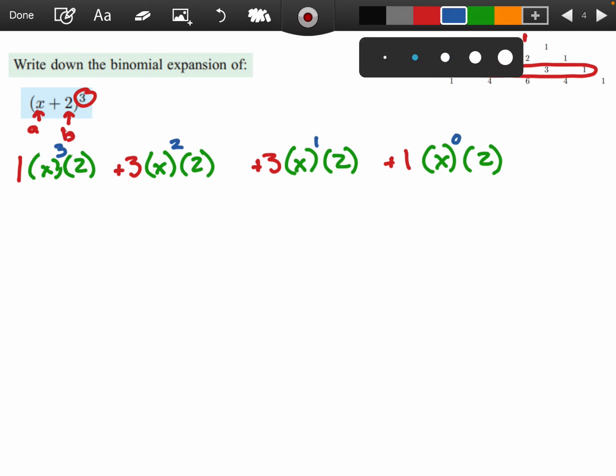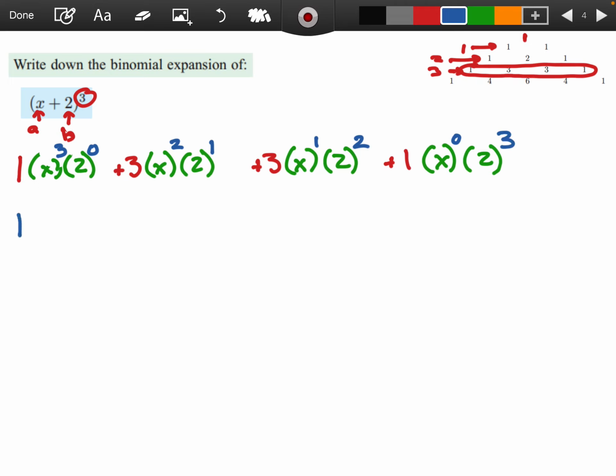Then the B term gets the lowest exponent, which is 0, and then walks its way up to the highest exponent, which matches the exponent on the original set of brackets. So then once you've completed that, your next step is to work out each of those individual exponents. So we keep our 1.